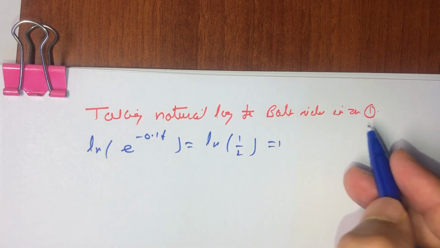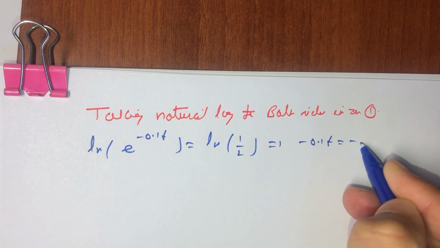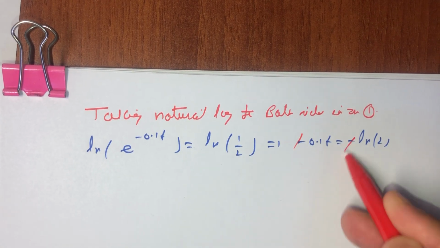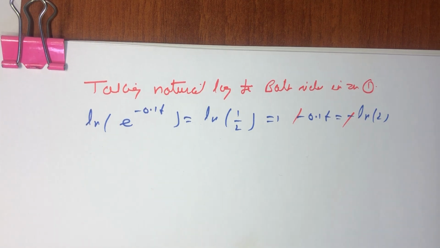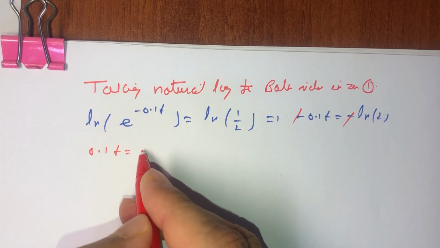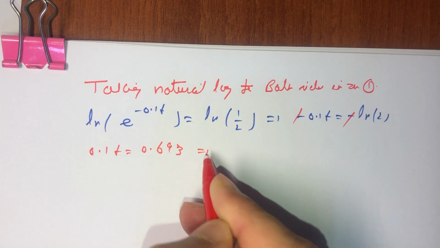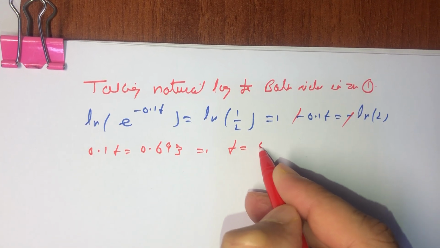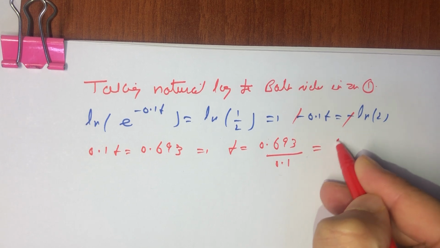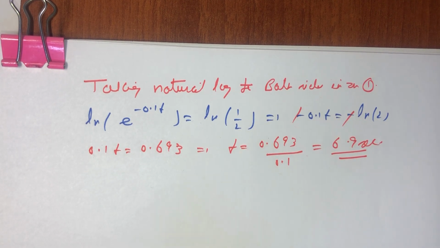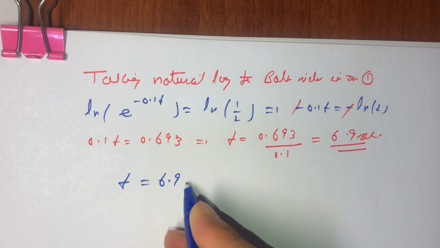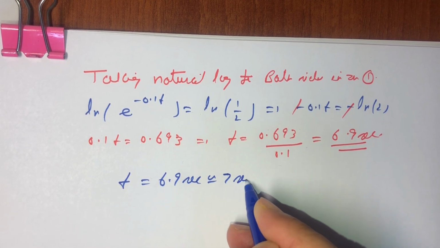So this becomes minus 0.1 t, and this becomes minus natural log of 2, taking the log of 1 by 2. We are going to write natural log of 2, and from here we can say that 0.1 t is equal to natural log of 2, which is 0.693. So t equals 0.693 divided by 0.1. This comes as 6.9 seconds, and we are supposed to find out close to. So we can say time, which is our 6.9 seconds, is approximately equal to 7 seconds.